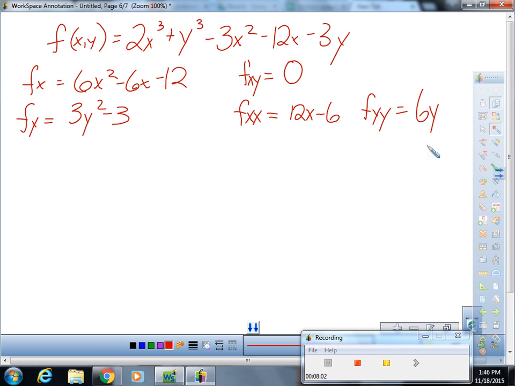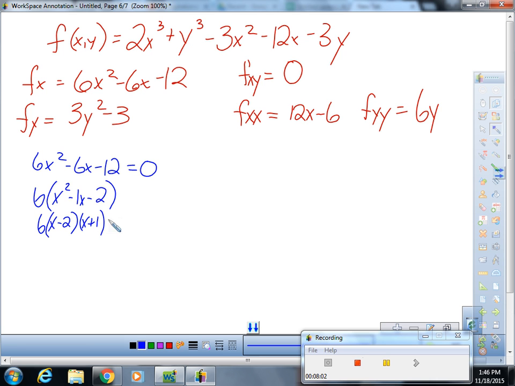And then you say, well, when does 6x squared minus 6x minus 12 equal 0? Well, that's 6 times x squared minus 1x minus 2. 6 times x minus 2 times x plus 1. Right? I'll come over to this one.